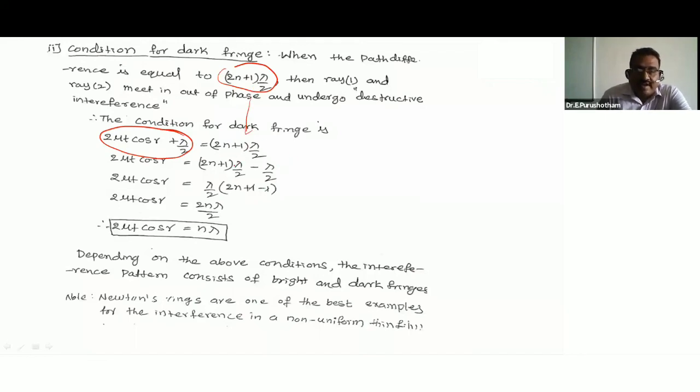This is 2n plus 1 lambda by 2 minus this lambda by 2. So common lambda by 2, 2n plus 1 minus 1, the plus 1 and minus 1 get cancelled. We get 2n lambda by 2. 2 gets cancelled. 2 mu t cos r is equal to n lambda. This is the condition for dark fringe. Depending on the above conditions, the interference pattern consists of bright and dark fringes. It gives an interference pattern. The example of interference in thin film is Newton rings.